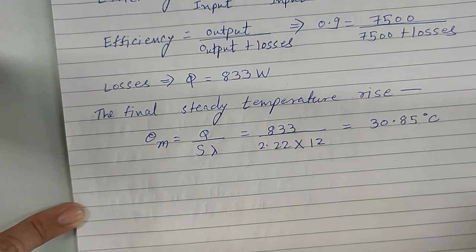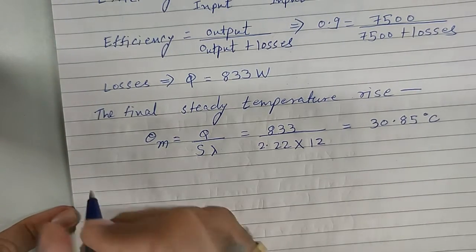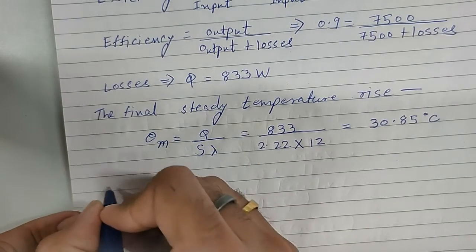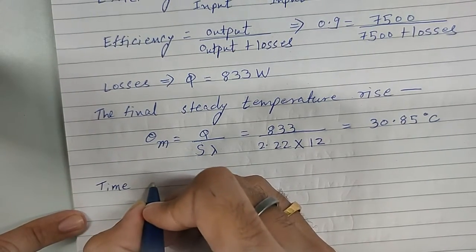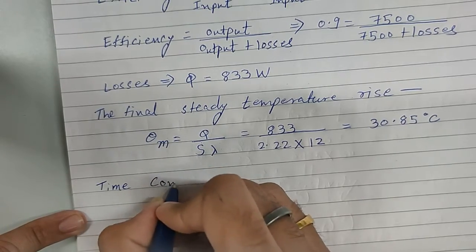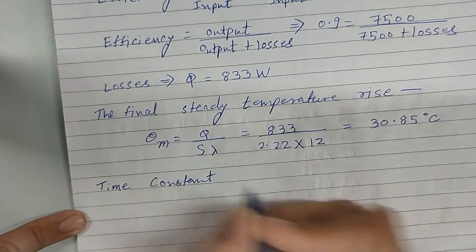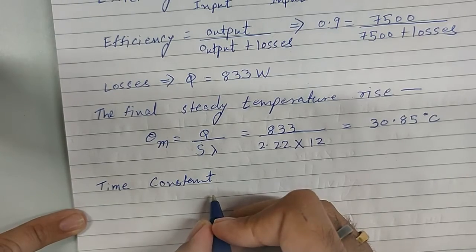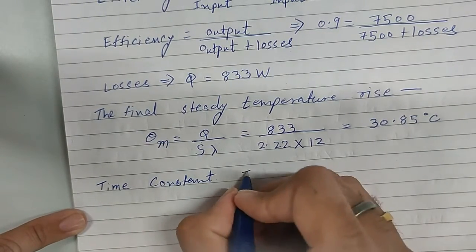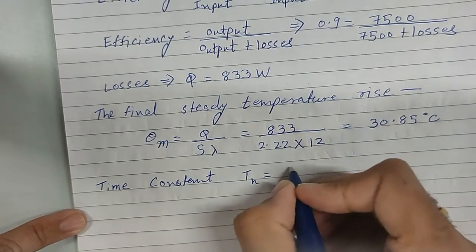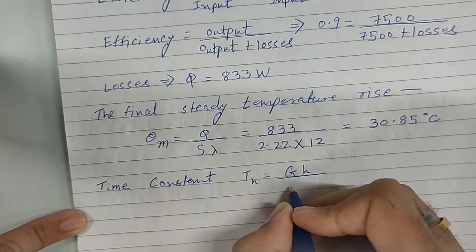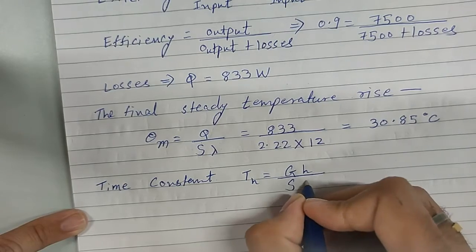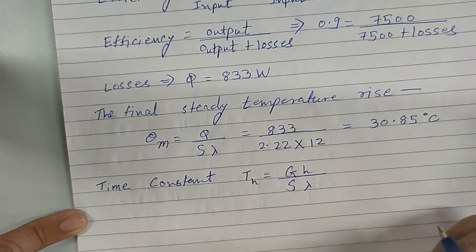We also need to find out the time constant, the heating time constant. So let us first write down the formula for the time constant, which is nothing but TH is equal to capital G into h upon capital S into lambda.